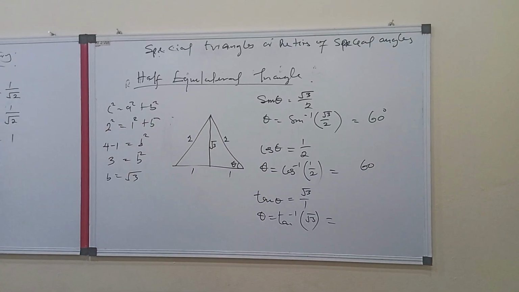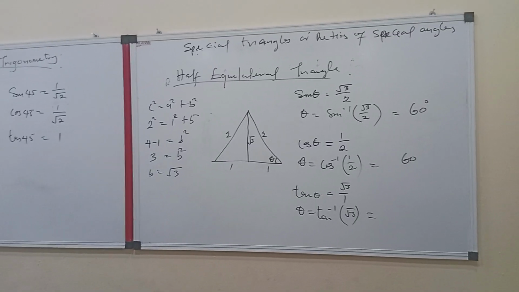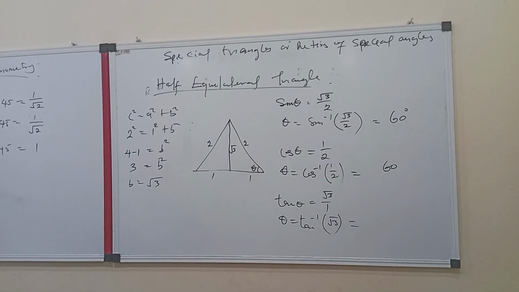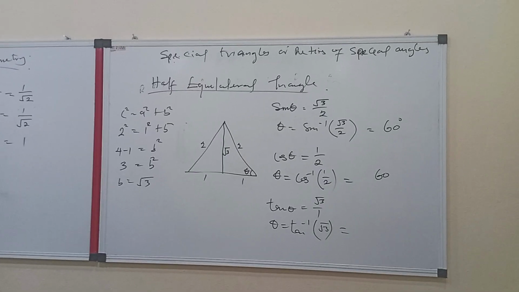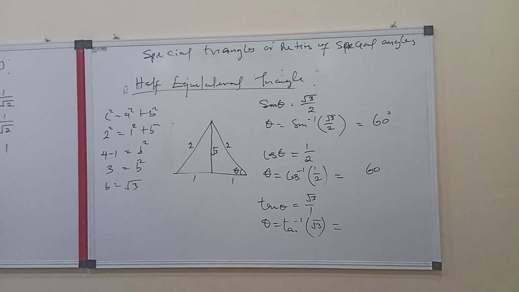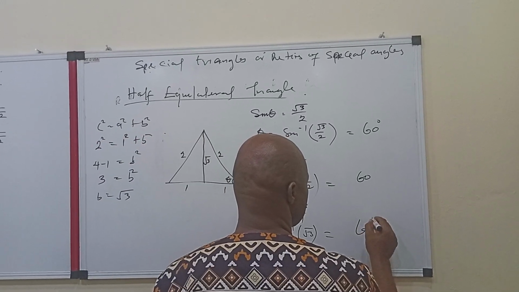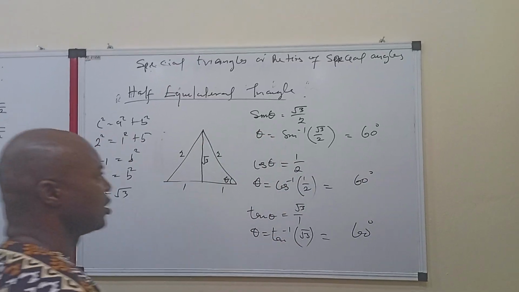Now, for the tan, where you have tan inverse of root 3, if you use your calculator, you're going to have 60 as well. This one is also 60 degrees.